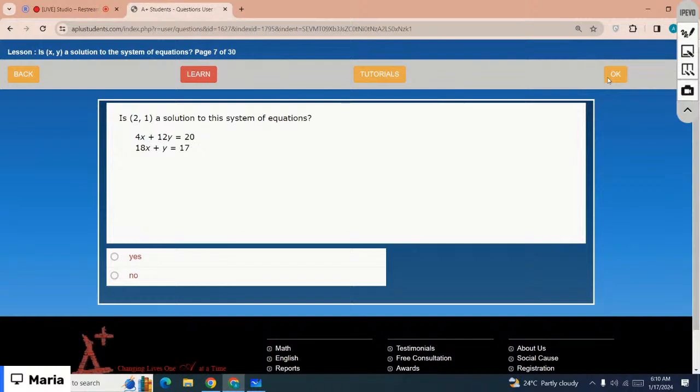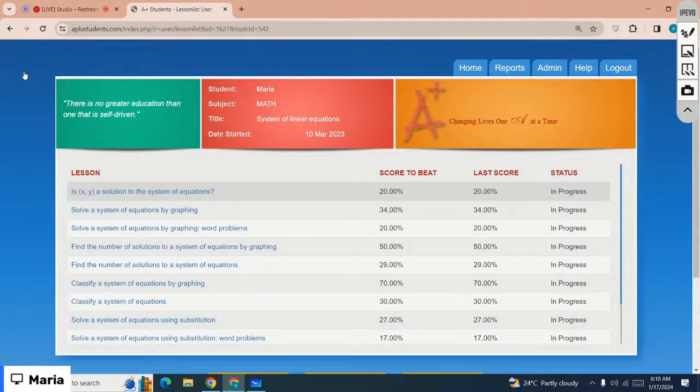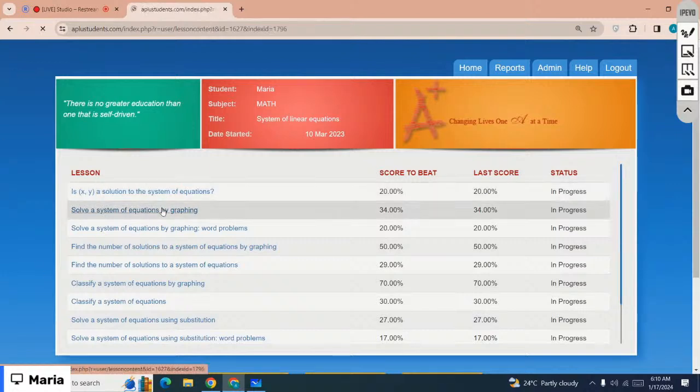And the next lesson is solve a system of equations by graphing.